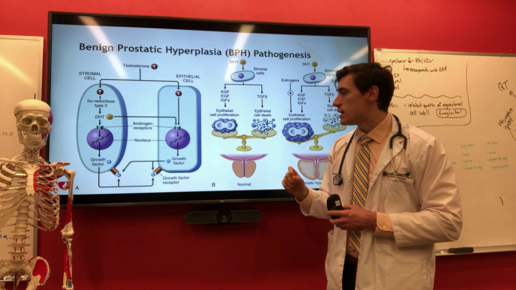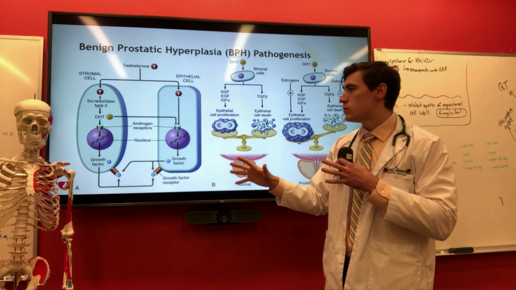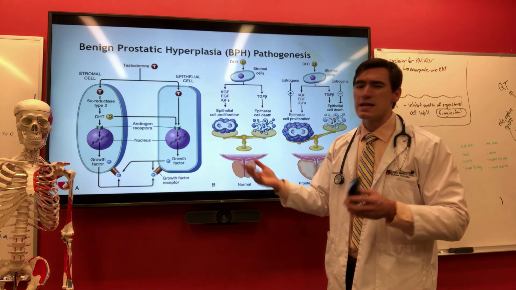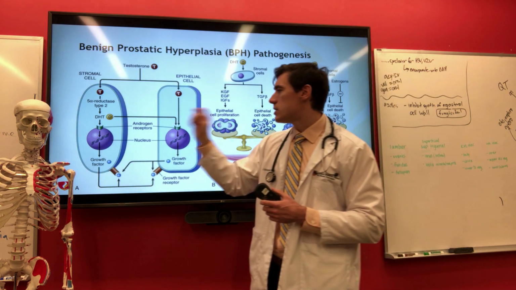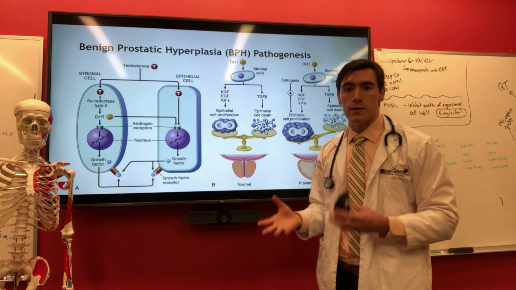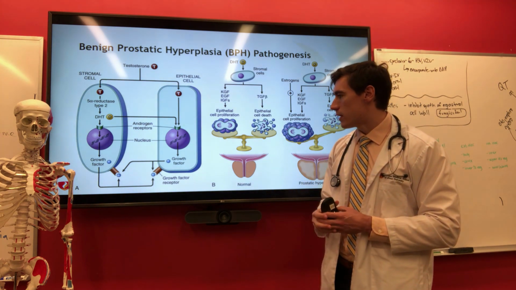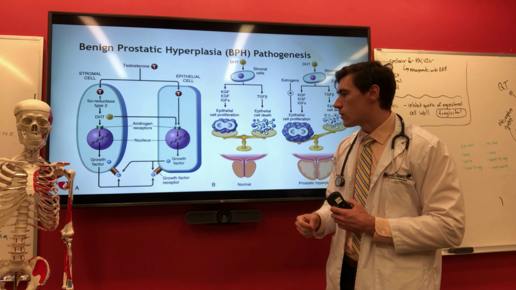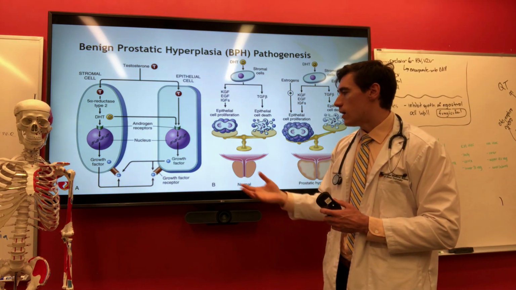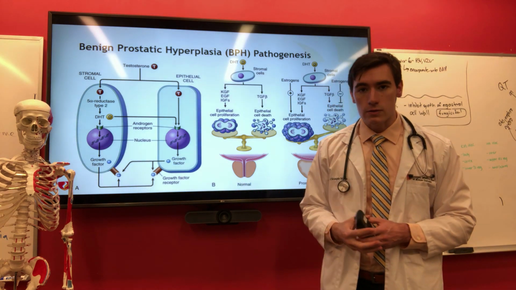And DHT is what passes into the nuclei, and DHT is what affects the transcription and the regulation of gene expression by the cells of the prostate. And then DHT will cause upregulated growth of the prostate tissue cells.